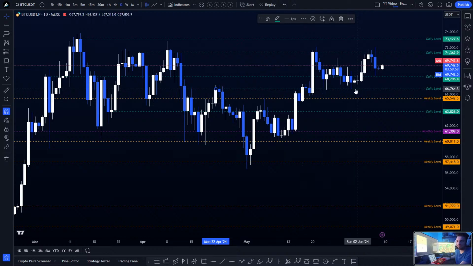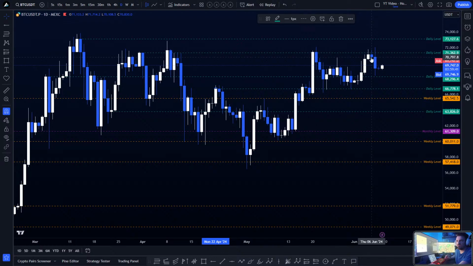The reason is obvious, right? Tap here, we broke it, used it as support, pushed through, used the daily again, came back, used it as support, retraced, used it as support again, retraced, resistance.